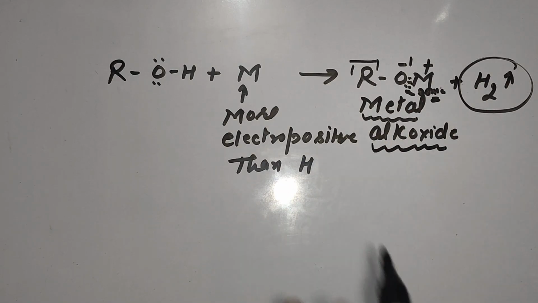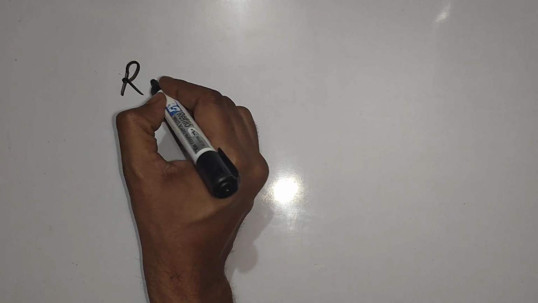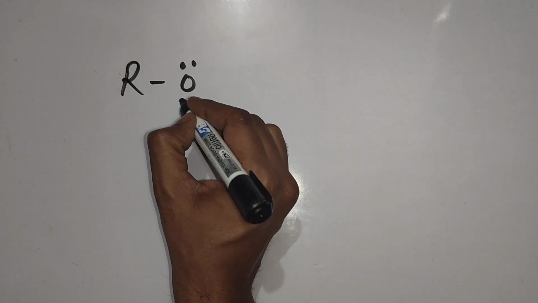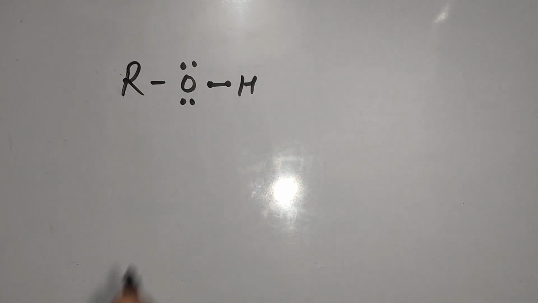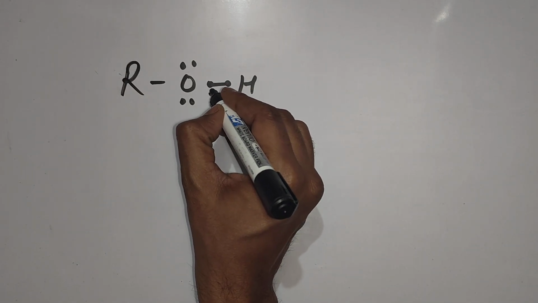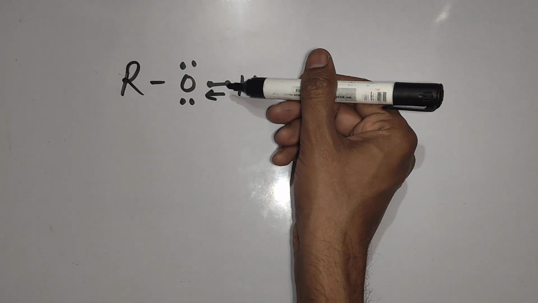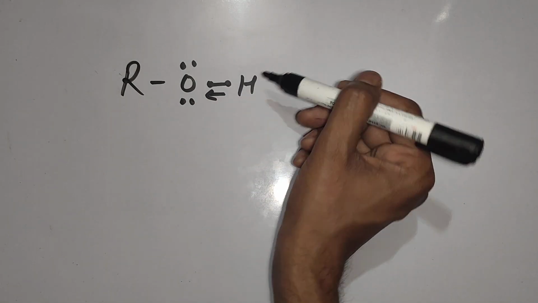Now let's check how that reaction is happening. In alcohol, as we know, oxygen is more electronegative than hydrogen. So these sigma bonded electrons are more toward oxygen side. They are connected with oxygen more as compared to hydrogen.